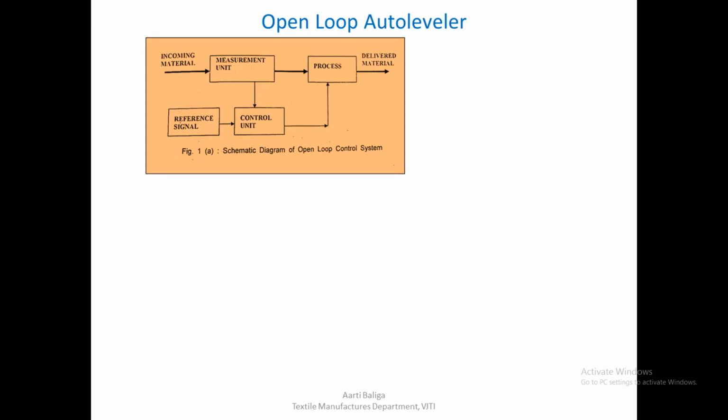So what it will do is check whether the feed material that is entering the process is thick or thin, and depending on that it will first compare it with the reference signal, the already fed signal that we have given, and if it finds that it deviates from our requirement, then it will pass on a signal to the process, and in the process, that is a drafting system.